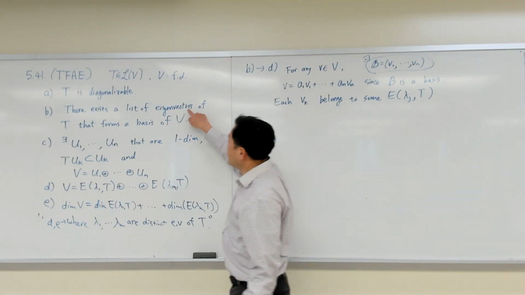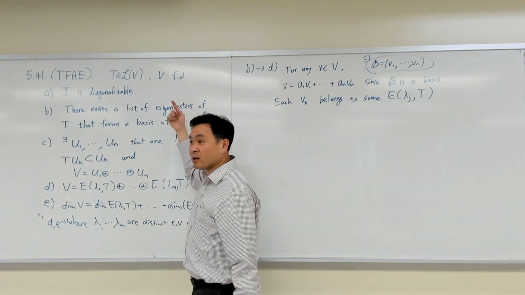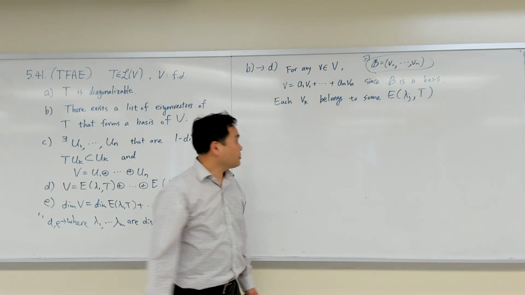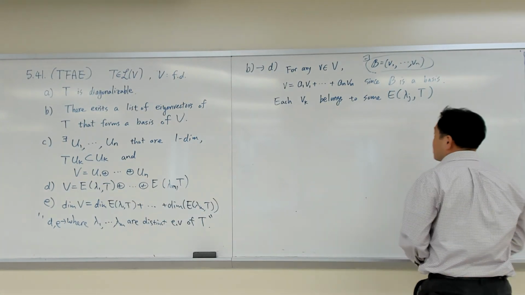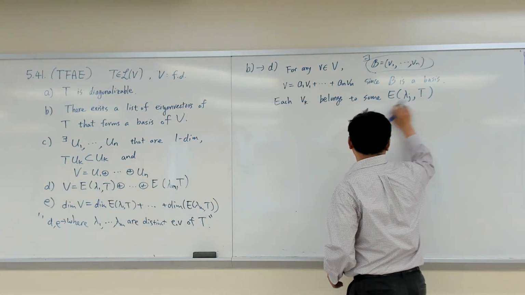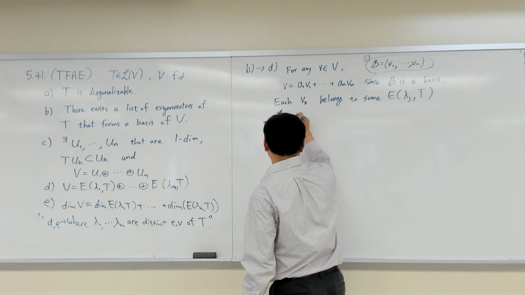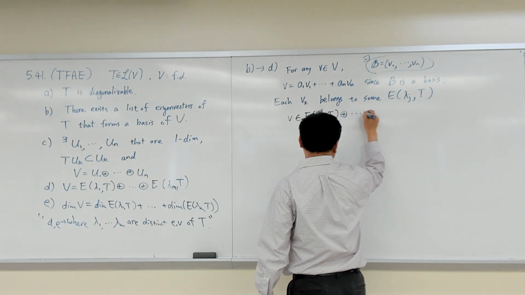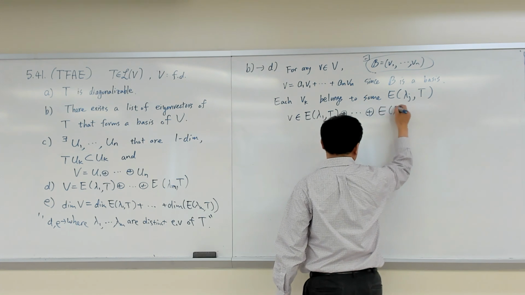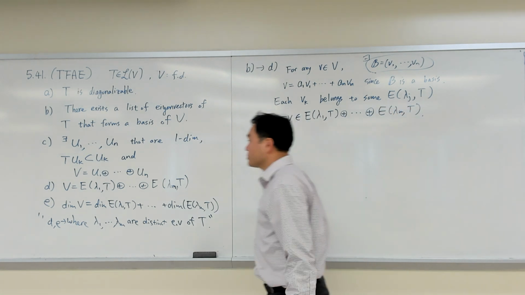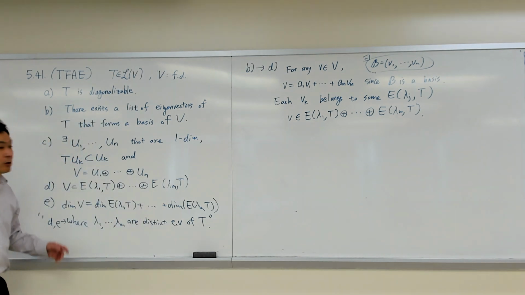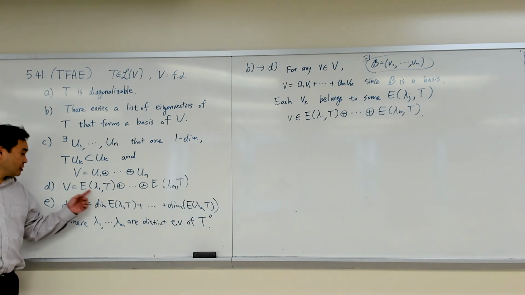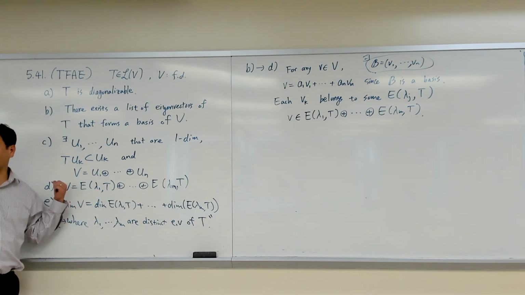These are eigenvectors, and any eigenvector belongs to the eigenspace of its eigenvalue, right? So since everything here belongs to something in here, that shows that V belongs to E of lambda 1, T, plus ... plus E of lambda m, T. So we've shown that V is included in here, and the opposite inclusion is obvious, right?